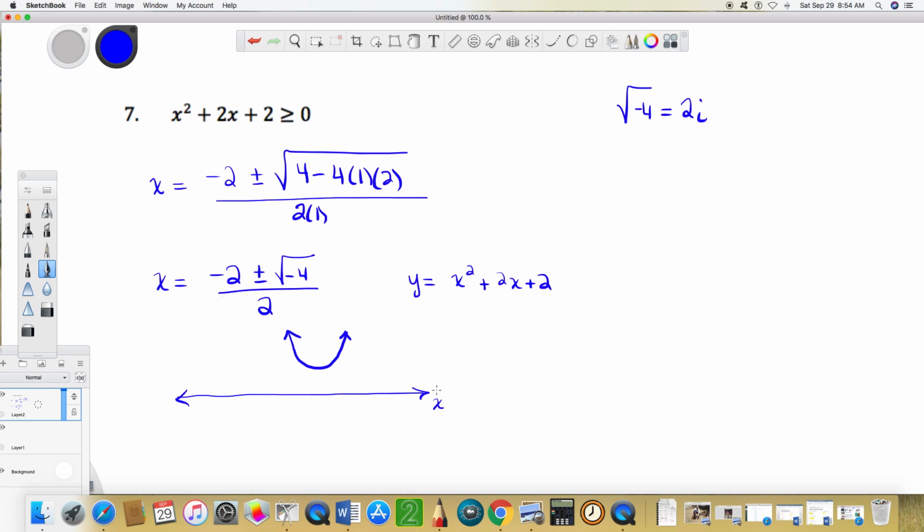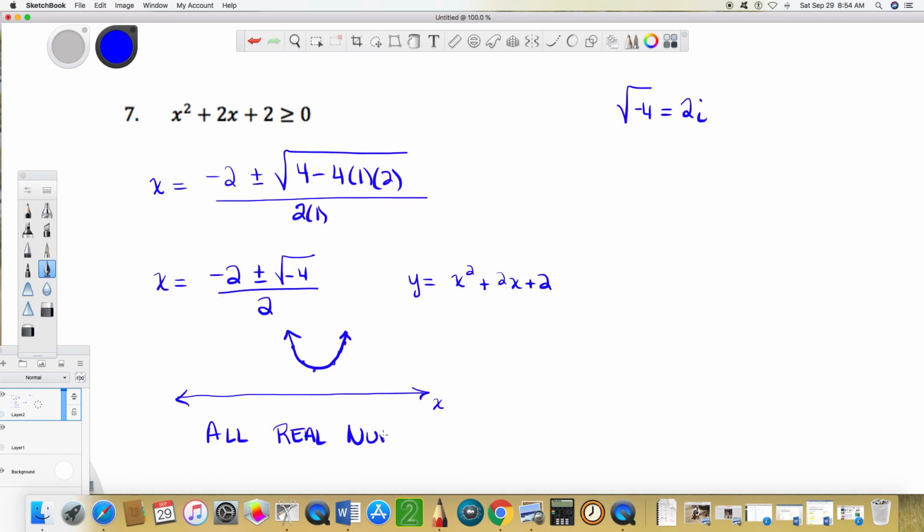I'm using this x-axis as my number line, so I have no solution. Or no, excuse me, the opposite of that. Every single one of these points has a value that is above the x-axis, that is greater than 0. So actually, rather than no solution, it's all real numbers.